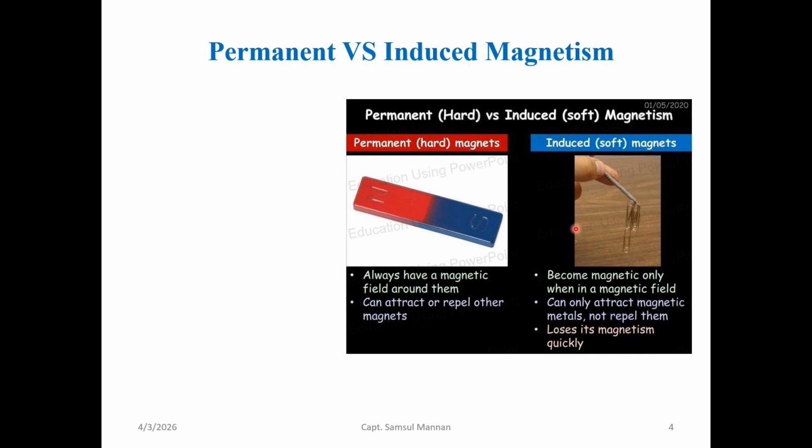Whereas here, this is a magnetic bar. Due to that magnetic bar, these paper clips are being induced, but if we take out this magnetic bar, the paper clip will lose its magnetic property. That's why this is called induced magnetism.